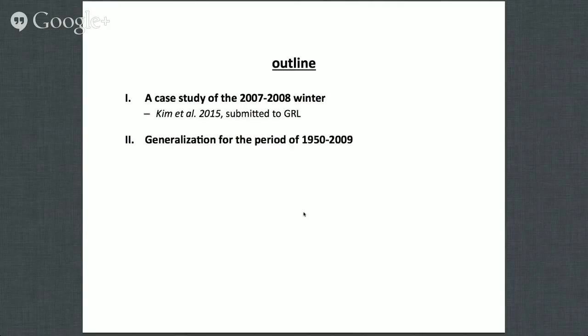In the outline, I'm gonna first talk about the case study of the 2007 to 2008 winter, which was just submitted to a GRL paper, and later I'm gonna show some results from the generalization of this study for the period of 1950 to 2009.